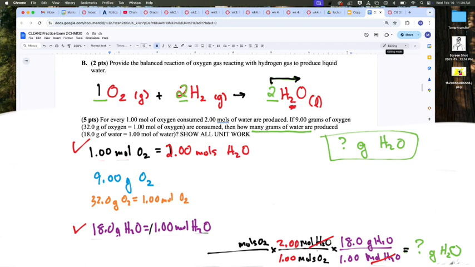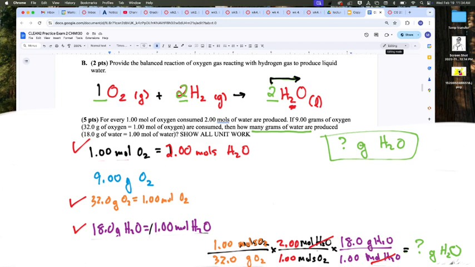What do I need to drop into the denominator? What numbers do I need to bring in? 1.00 with my moles of oxygen and my 32.0 with my grams of oxygen. I'm associating the numbers with the units directly from my expressions.